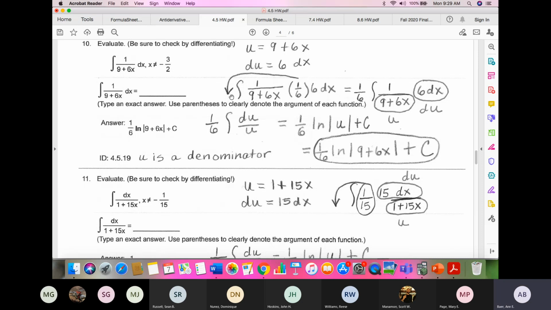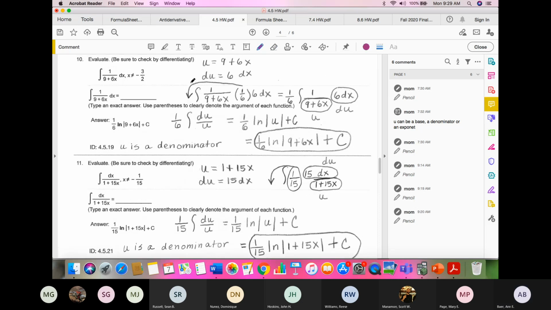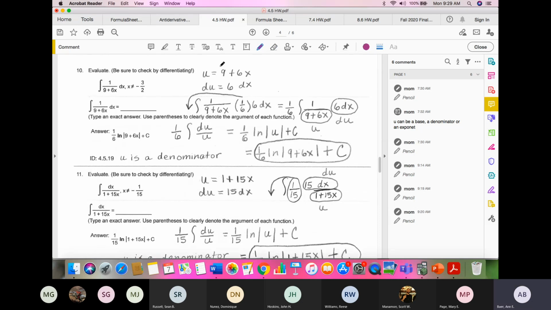So now we're ready to convert this. And maybe I can mark this up for you. So once we rewrite this, and let's make sure we rewrite this, I took the 1/6 out front, and what's left on the inside is 1 divided by 9 plus 6x times the 6 dx.